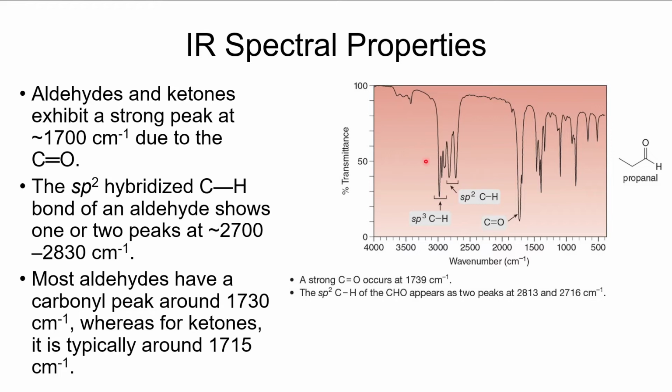So, for example, when we see carbon hydrogen stretch on an alkene, it typically shows up from 3150 to 3000. But for the aldehyde, we'll get one or two peaks depending on the compound, one at 2700 and one at about 2830. And that's something that's kind of unique for aldehydes. It just has to do with that particular bond being a little weaker, and so it has a lower frequency vibration.